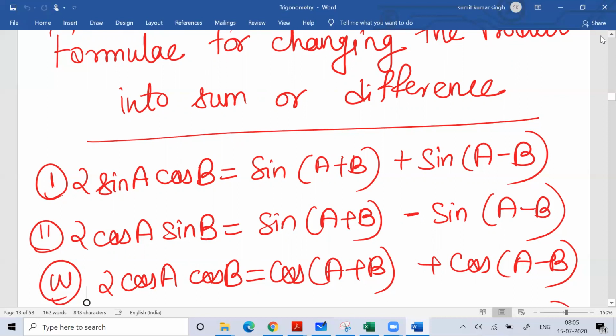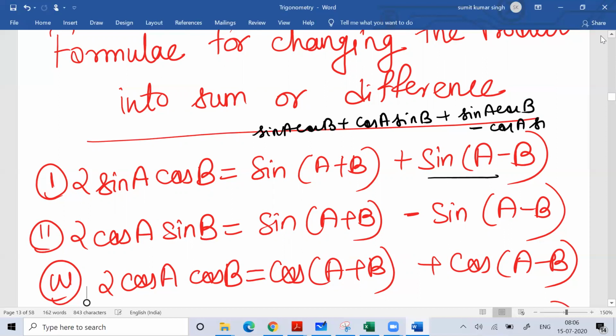If you remember, sine (A plus B) is sine A cos B plus cos A sine B, and plus sine (A minus B) would be sine A cos B minus cos A sine B. So these terms get cancelled, and ultimately you get this.